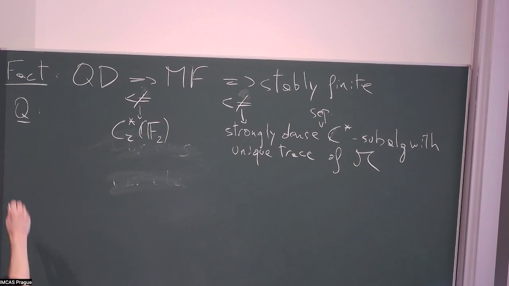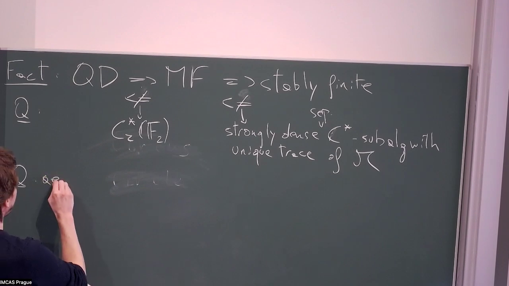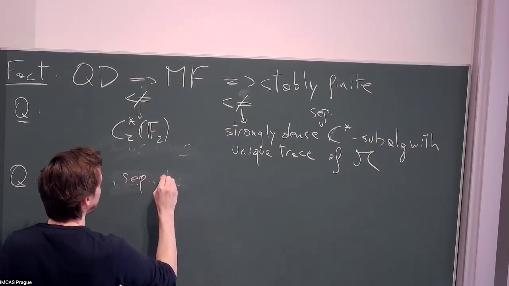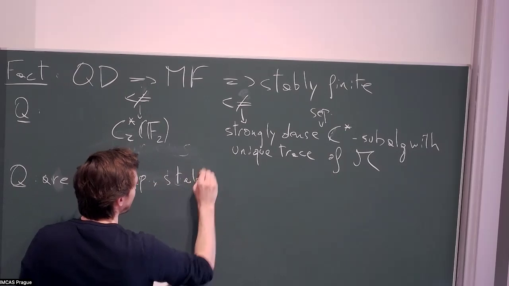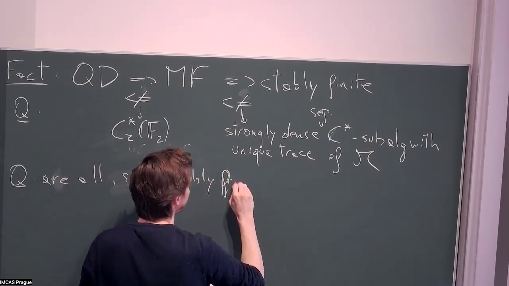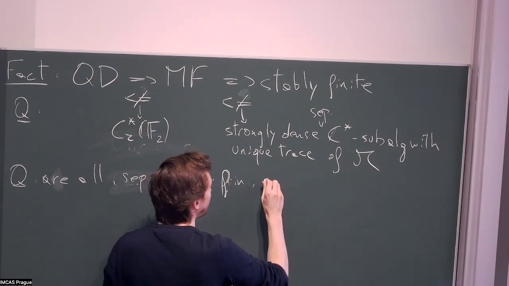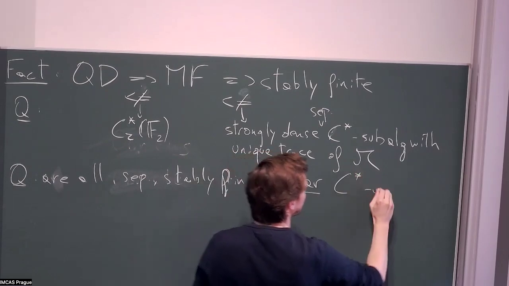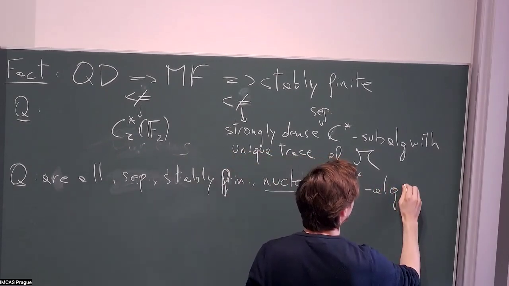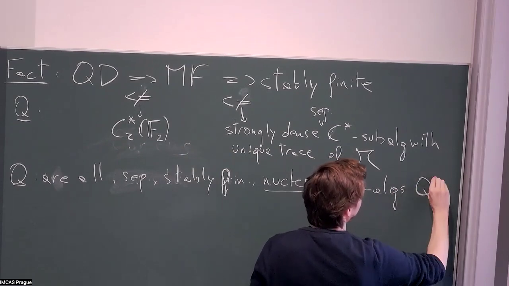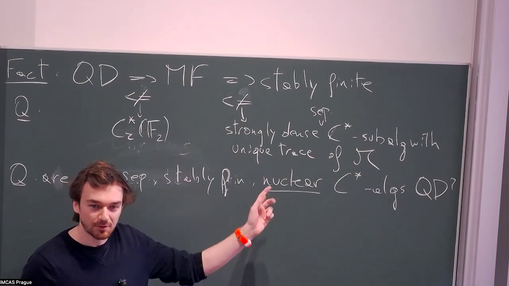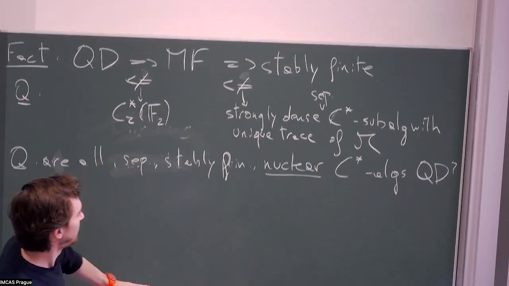So maybe one would hope that if we add separable, stably finite, and nuclear C*-algebras, quasi-diagonal, or MF, since, as we discussed earlier, these are equivalent for nuclear C*-algebras.